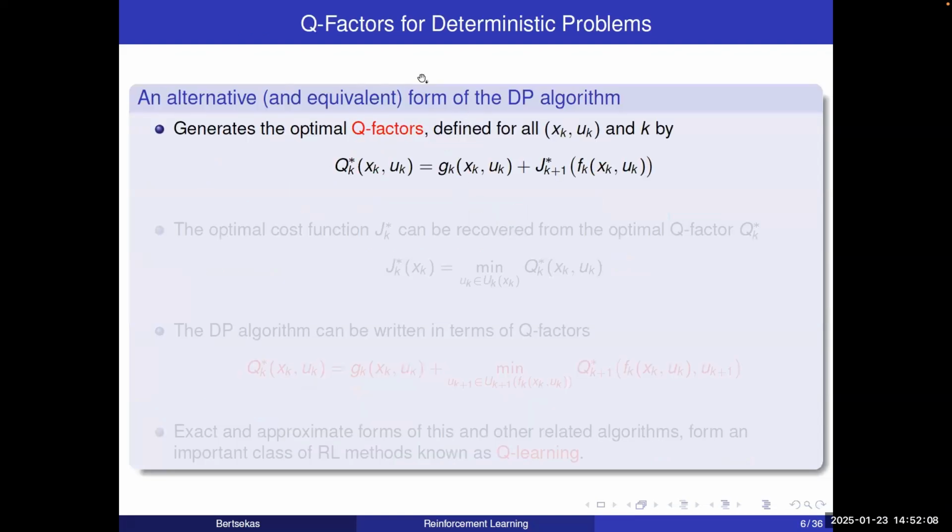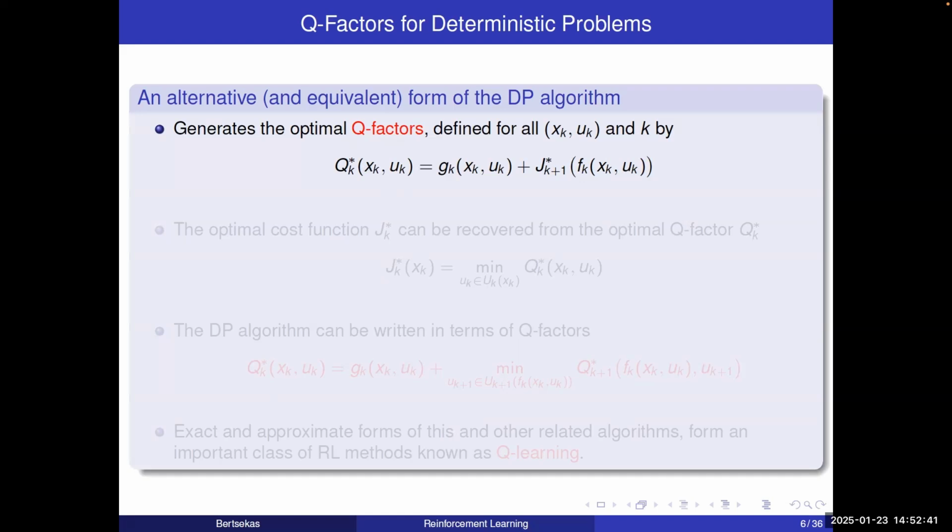Now, before I get to simplifications, let's talk about Q factors. The concept of a Q factor is important in reinforcement learning. It is defined for every state and control pair and at every stage. It is the cost of the stage, assuming that I use Uk, and then the remainder, assuming that I use an optimal policy, an optimal sequence.